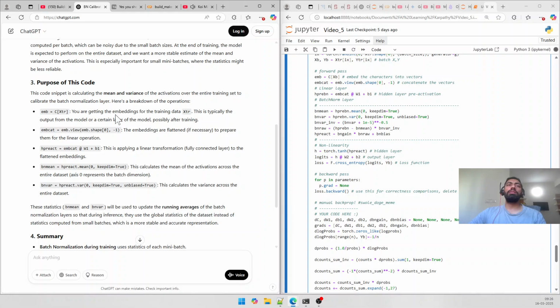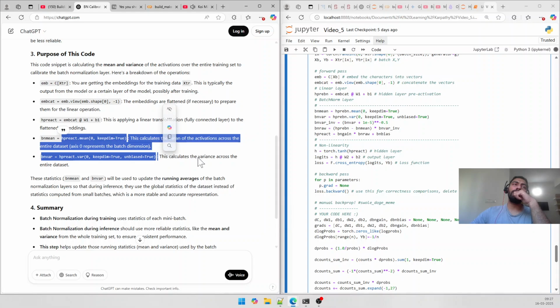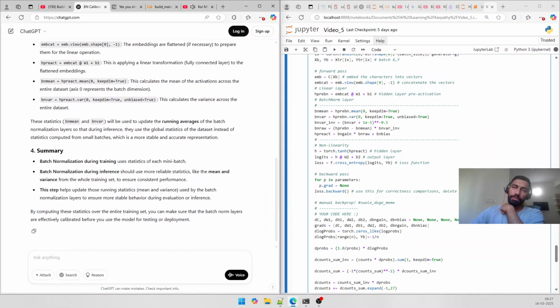So you are getting the embedding for the whole training data. So it is checking all the training data. So all linear operations, everything we are going into, and these two variables are calculated: the batch norm mean and variance for the whole training set. This is what we'll use while inferencing. Okay, got it.